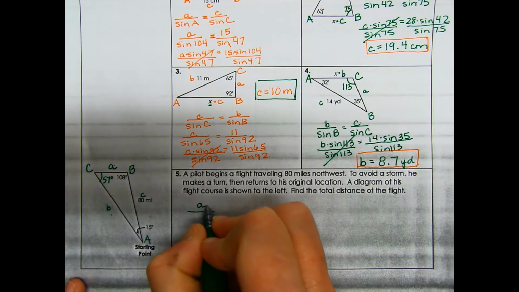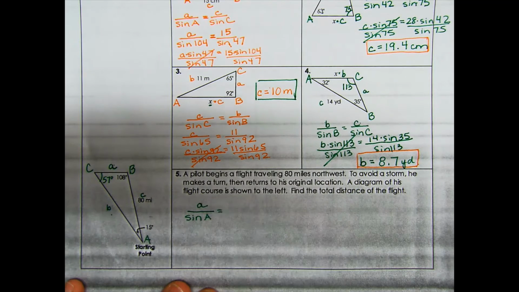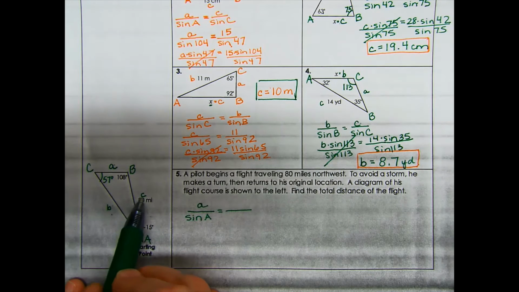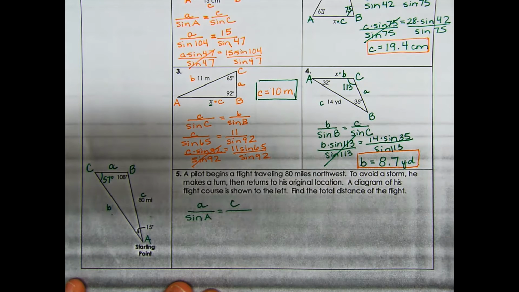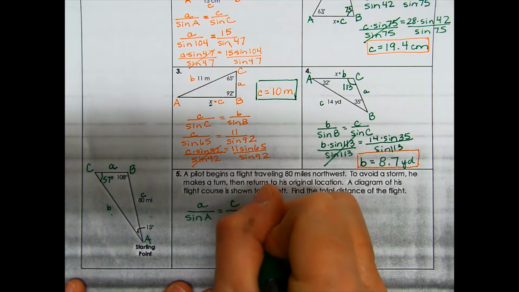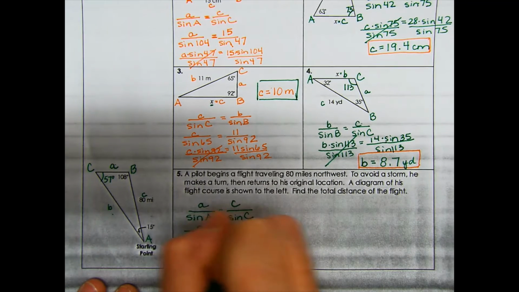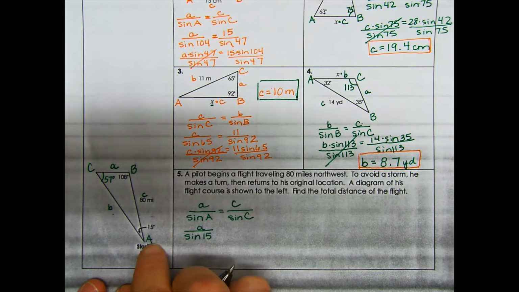So a needs to be over the sine of A, and the only thing that we know both of is the length of c, which is 80 miles, and we know the angle of C because we just found it, which was 57. So let's substitute those values in here. a over sine of 15, because there is A, 15.